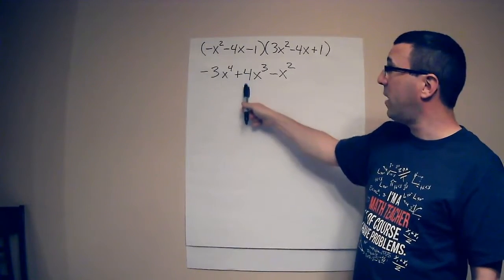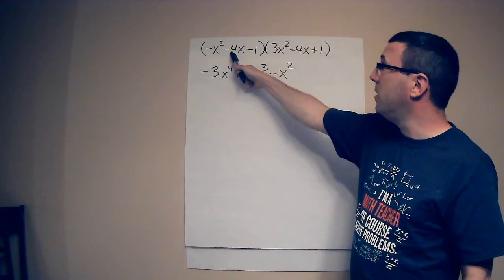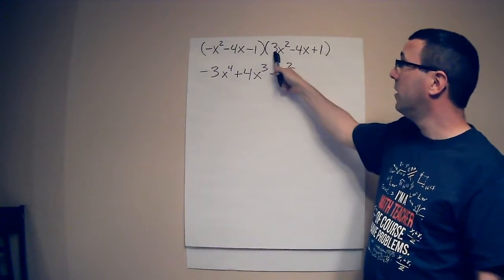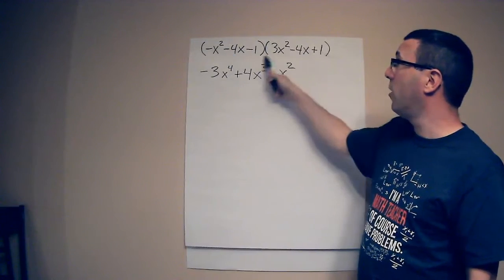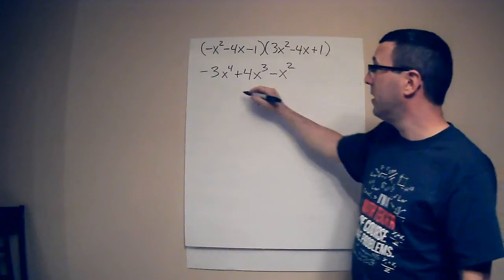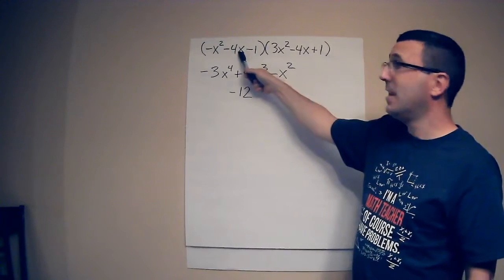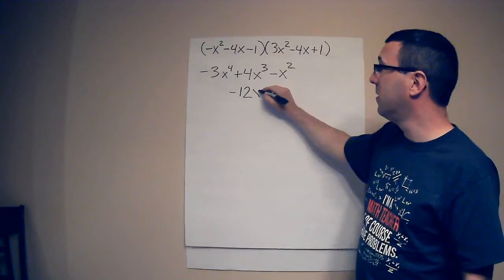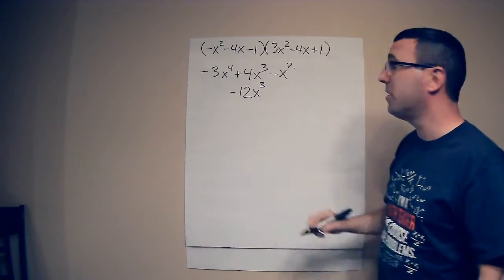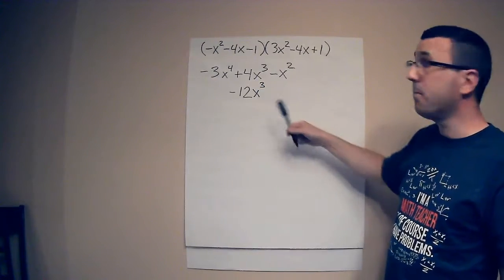So I'm going to do negative 4x times 3x squared. A negative 4 times 3 is a negative 12, x to the first times x to the second. Again, I add the exponents, I get x to the third. So as you see, these are lined up.